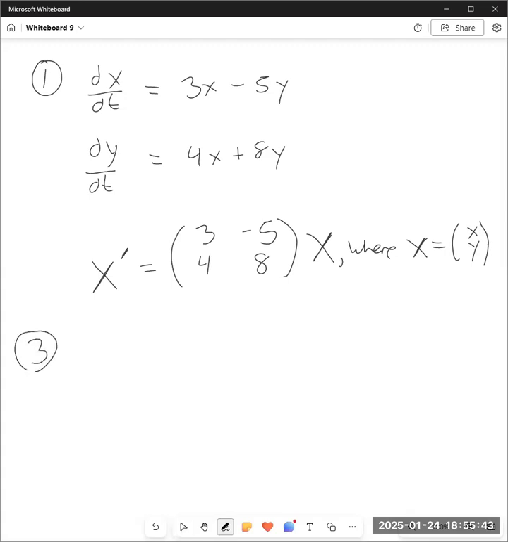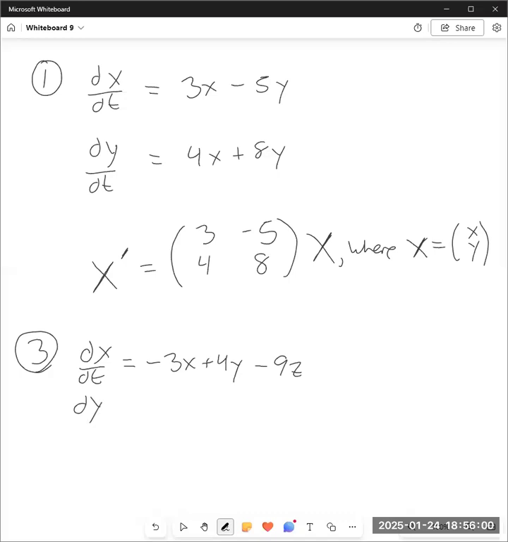Let's try another one, number 3. It says dx/dt is equal to negative 3x plus 4y minus 9z.